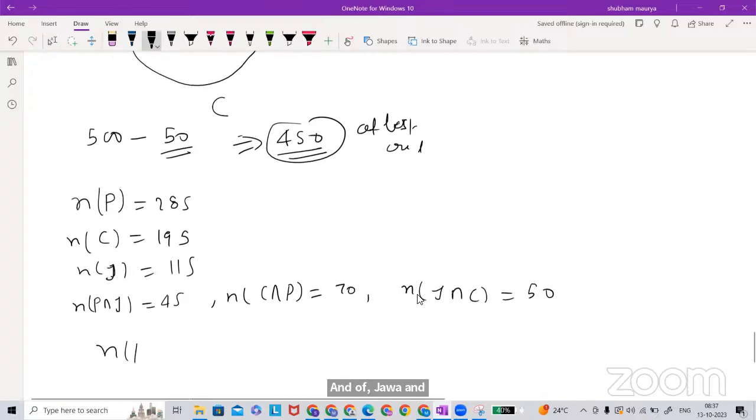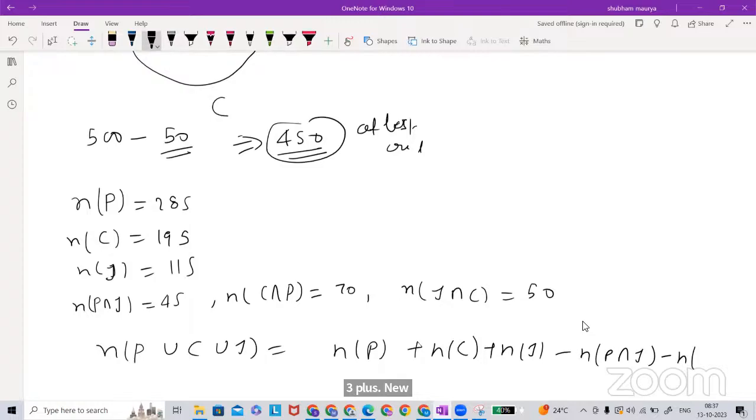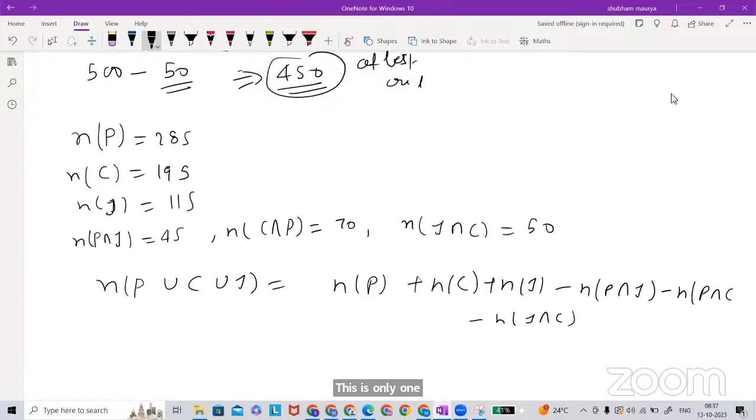Now you know the formula: n of P union C union J equals n(P) plus n(C) plus n(J), minus n(P intersection J), minus n(P intersection C), minus n(J intersection C), plus n of P intersection J intersection C. Now you can substitute.